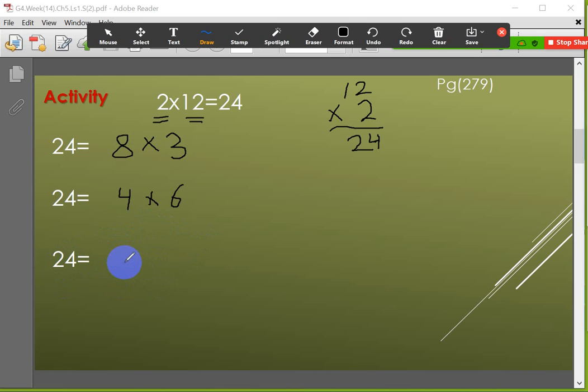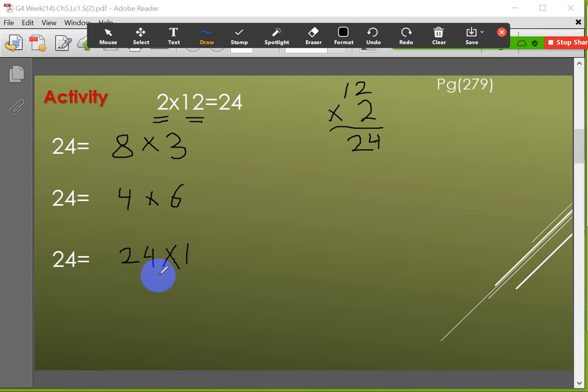Very good, Zen. Excellent. So at least I have the factors here. Very good, Noura. The factors for any number are the same number multiplied by 1.